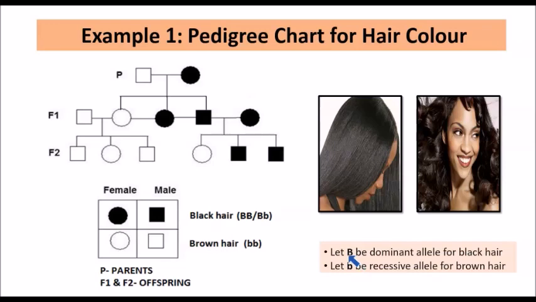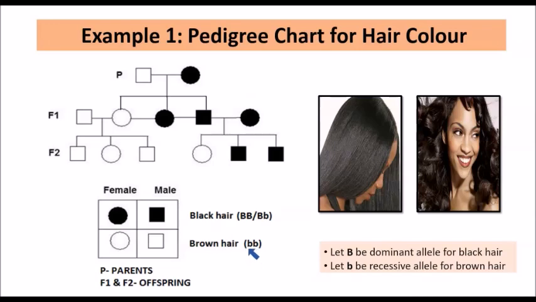What we're going to be working with is the letter B. Capital B is the dominant allele for black hair. So in order to have black hair, you have to be either homozygous dominant or heterozygous. Now little b would be the recessive allele for brown hair.